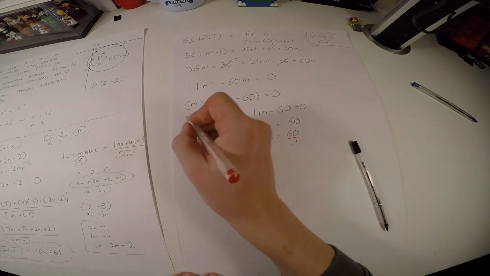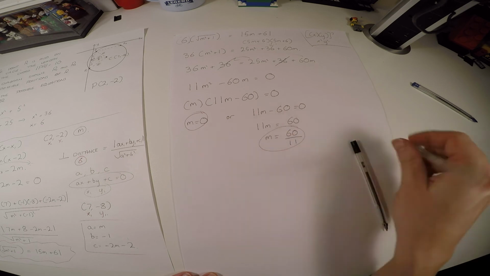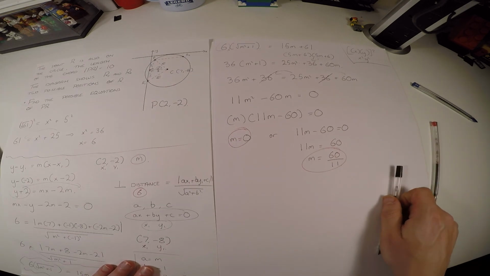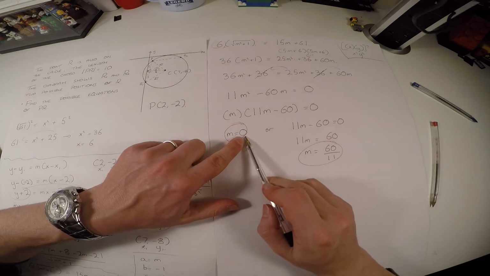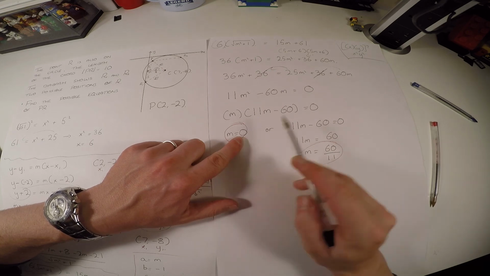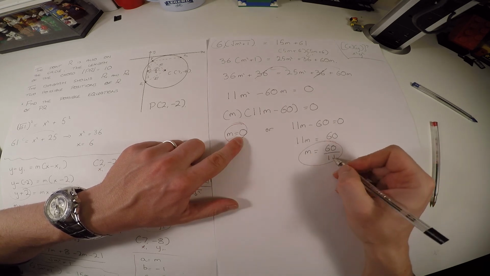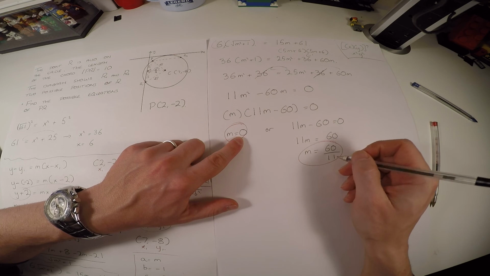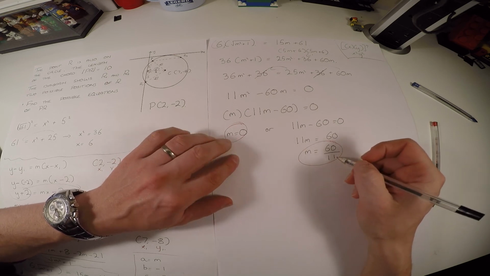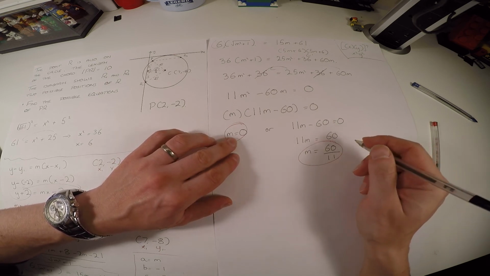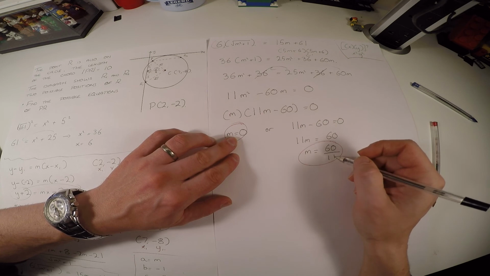So actually I have two values for m, and we know m is a slope. If you look at our diagram here, we either have a slope of 0 or a slope of 60 over 11, which is just over 5.